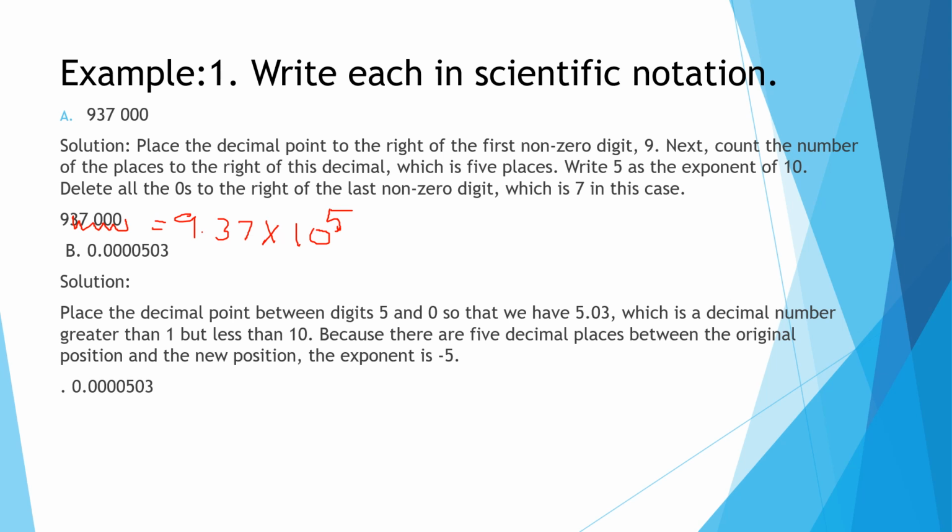The exponent is negative 5. So from this decimal point, we move 1, 2, 3, 4, 5. Okay.